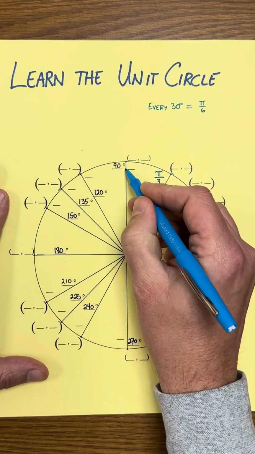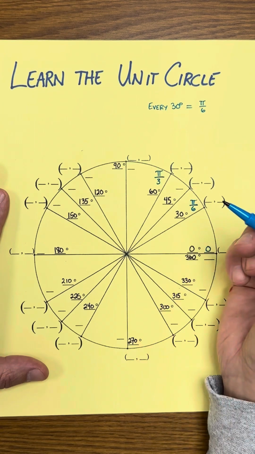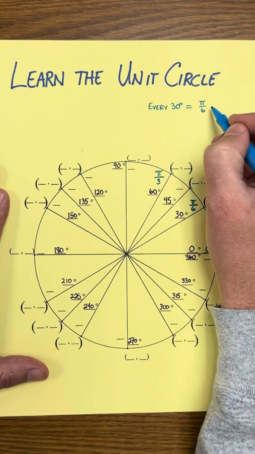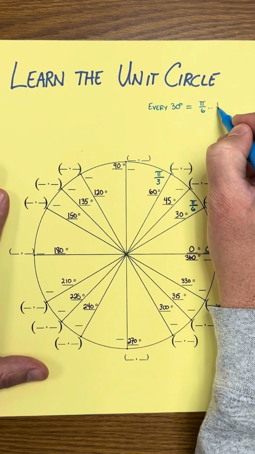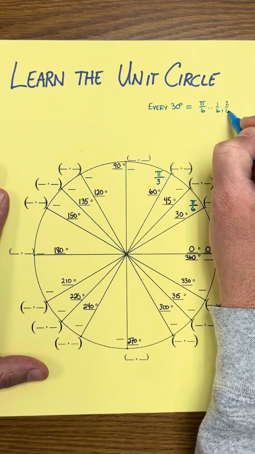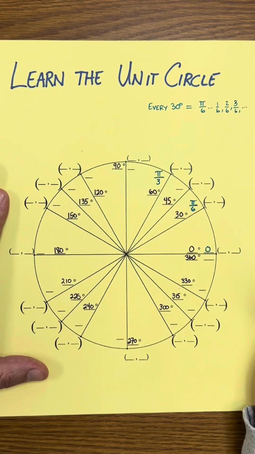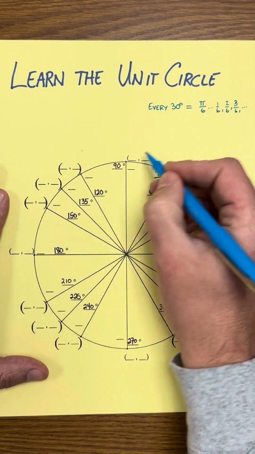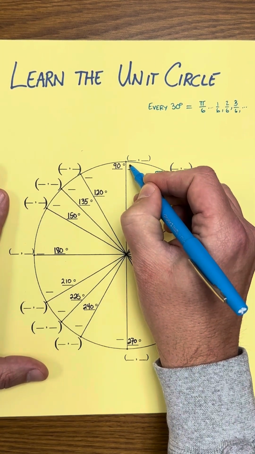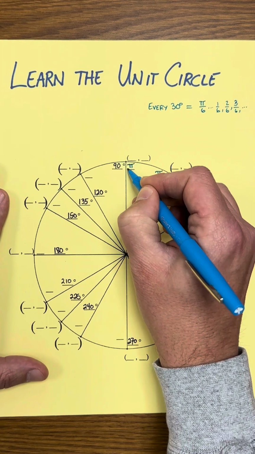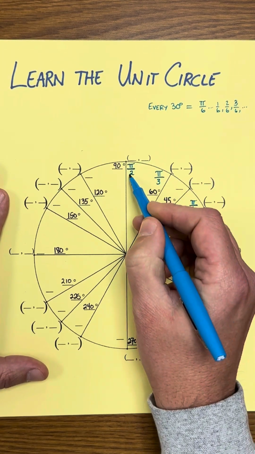Now the next 30 degrees is just another pi over 6, right? So we're just simply counting 1/6, 2/6, 3/6, etc. Okay? So 3 pi over 6 would reduce to pi over 2.